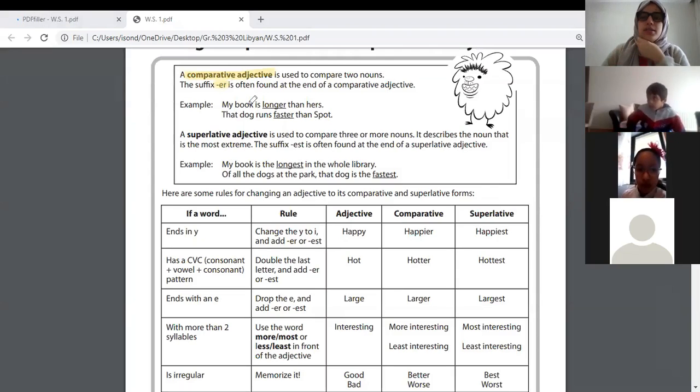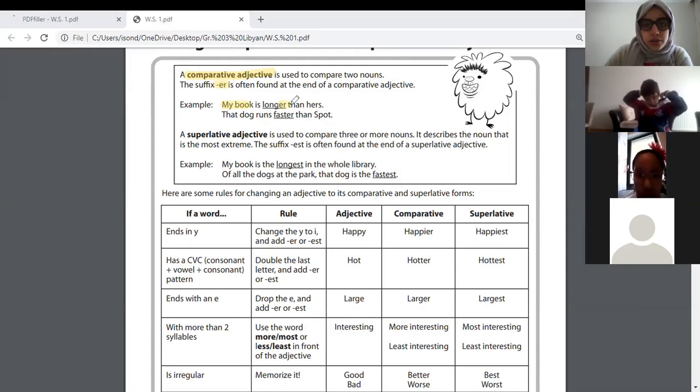So for an example here, I'm comparing between my book is longer, so I have ER, than her book. So I'm comparing between two books, my book and her book, my friend's book.